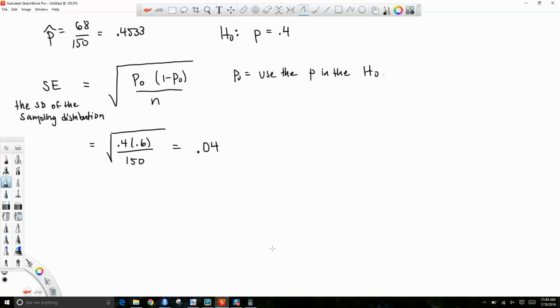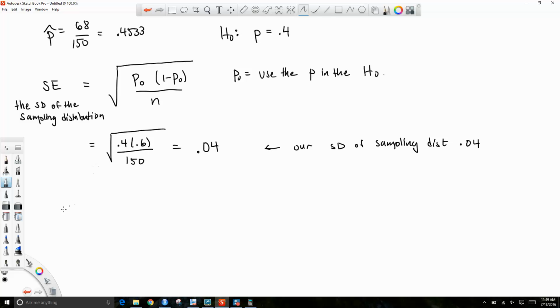So far, so good? Yeah? Okay. So basically the standard deviation of the sampling distribution, or my standard error, is 0.04. Our p hat is 0.4533.